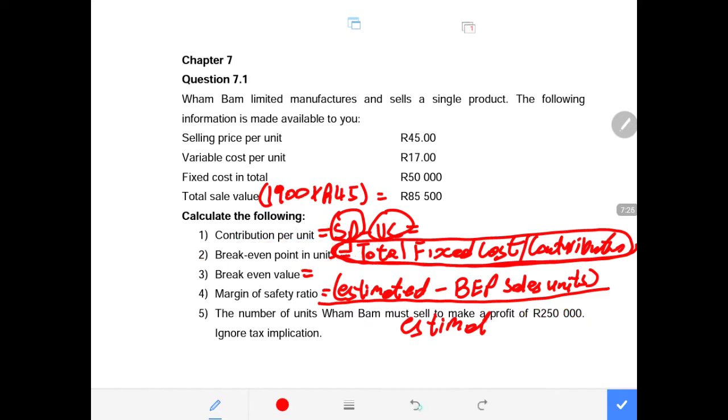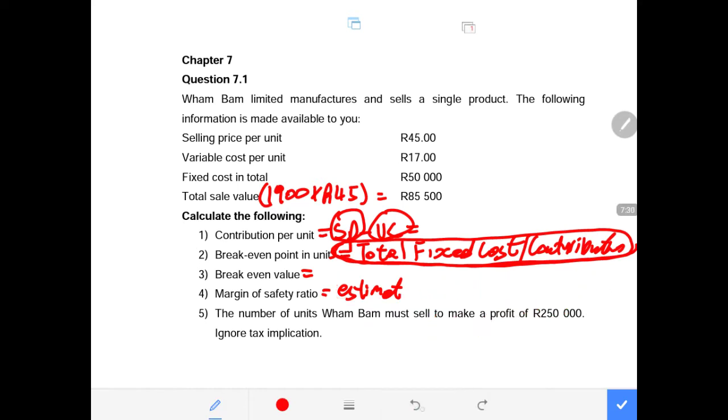Then now we go to the last part of the question. The last part says the number of units that one BAM must sell in order to make a profit of 240,000 is what we need to calculate. There are times where the owner wants to get a specific profit or a specific return on the investment.